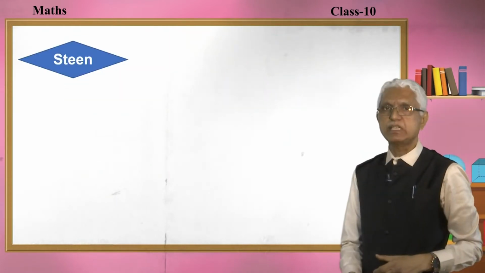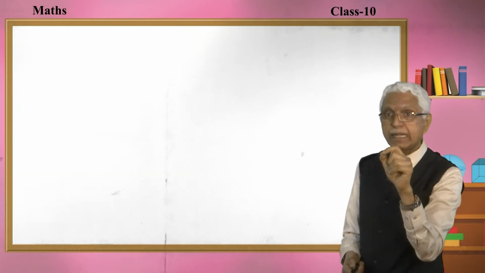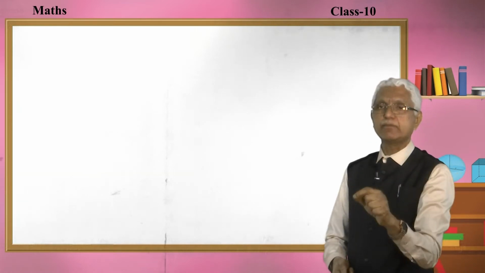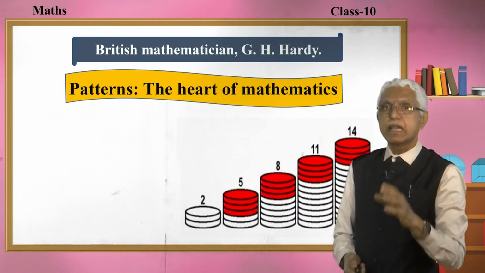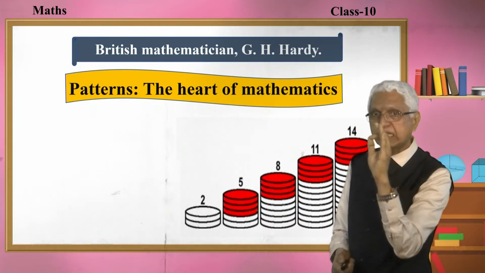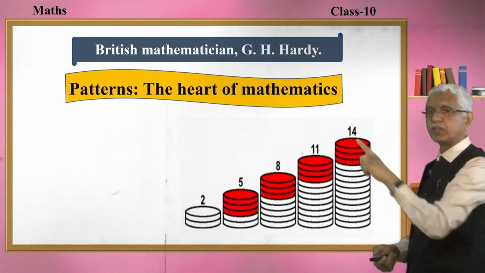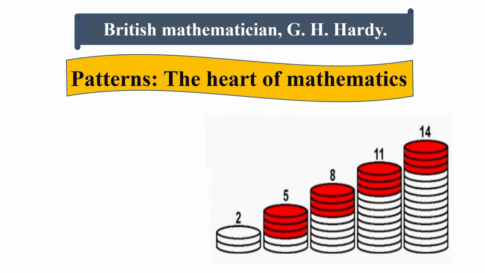Correct? Professor G.H. Hardy says mathematics, especially when you are dealing with numbers, it is all about patterns. So, the heart of mathematics lies in the patterns. 2, 5, 8, 11, 14 has a definite pattern.